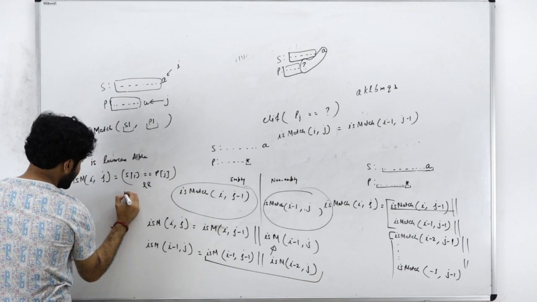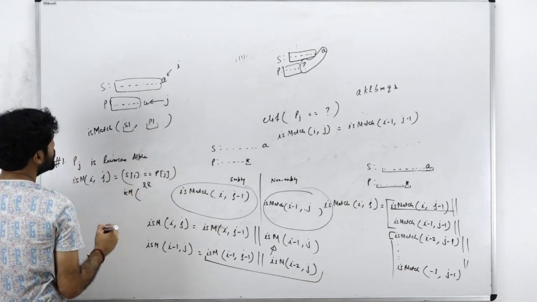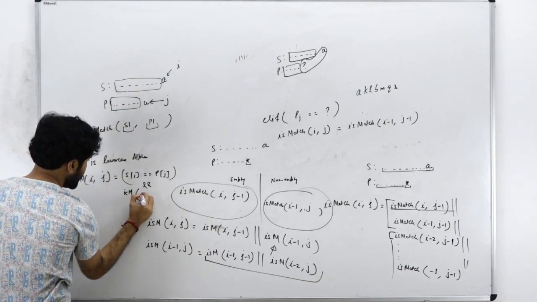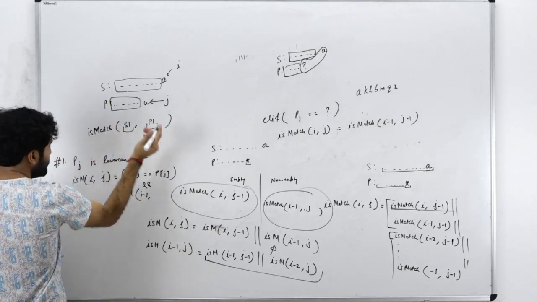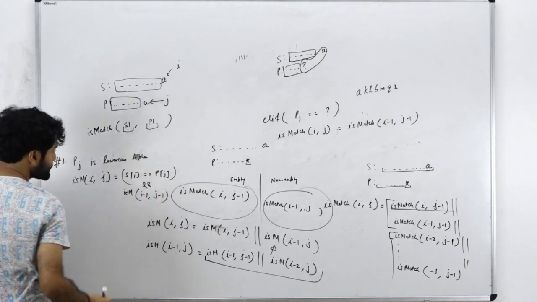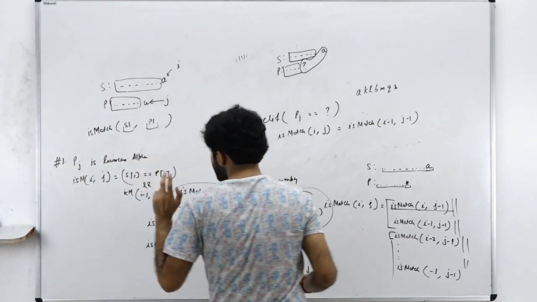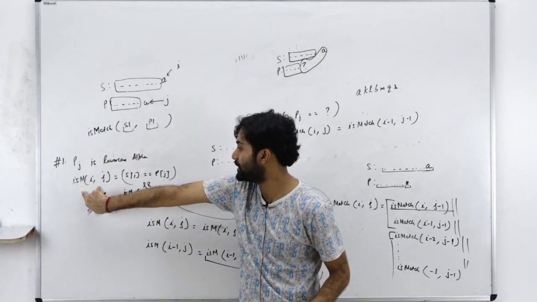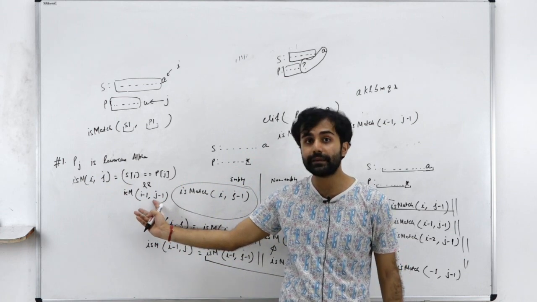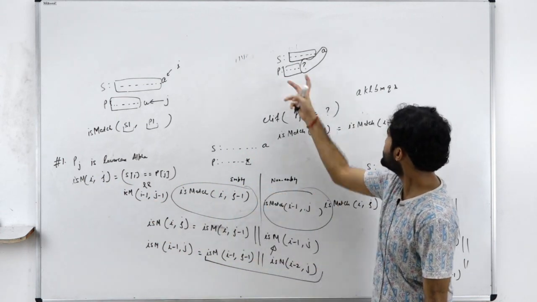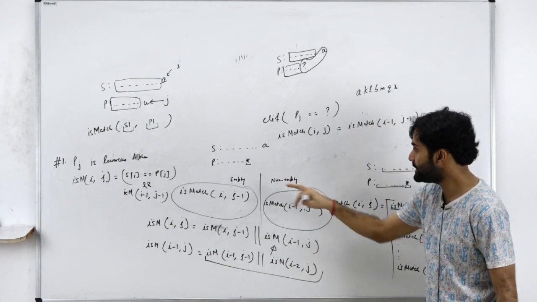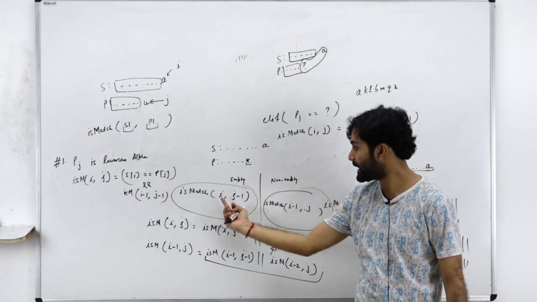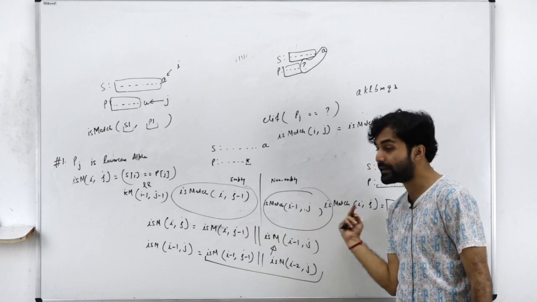And second, the portion from 0 to i-1 in s should be able to match against the portion in p from 0 to j-1, right? So you can see here that this function is dependent upon i-1, j-1. In this case also, this function is dependent upon i-1, j-1. In the star case, it is dependent upon i, j-1 or i-1, j.